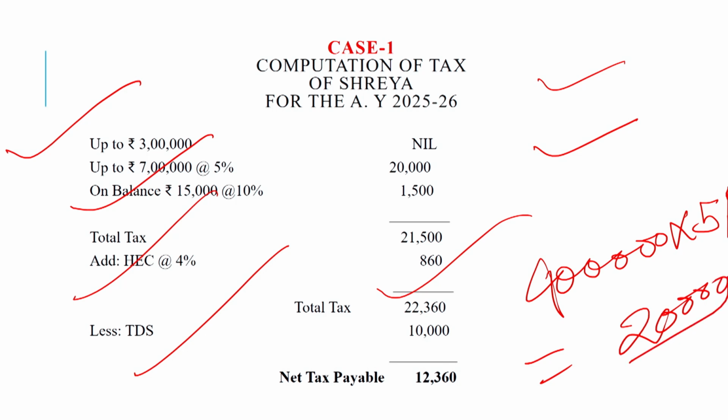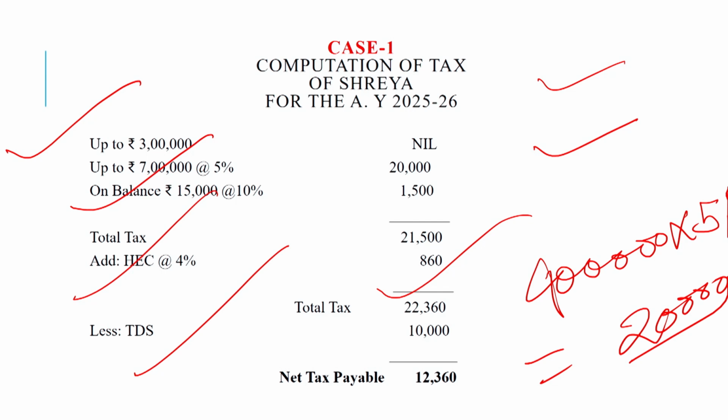And on the balance, why balance? The next slab is 7 lakh to 10 lakh, and the income is less than 10 lakh.